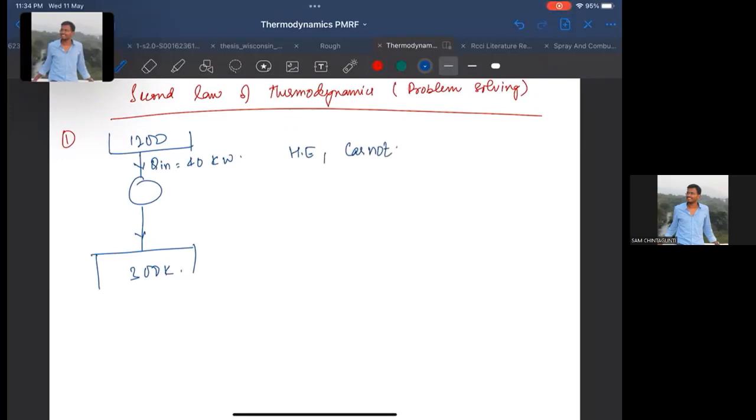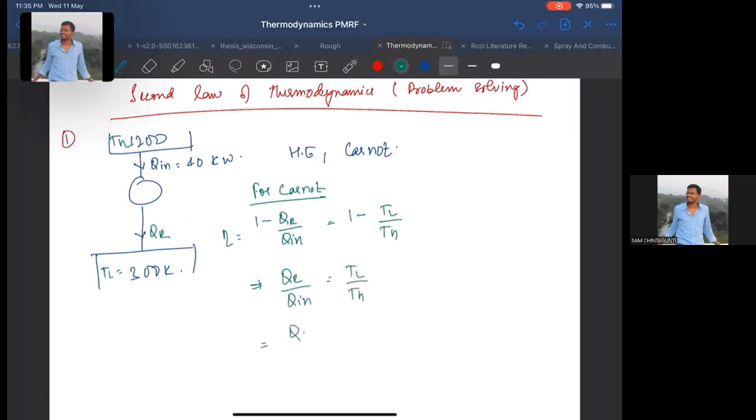So we know that for Carnot, 1 minus efficiency is equal to 1 minus QR by Qin is equal to 1 minus TL by TH. So this implies QR by Qin is equal to TL by TH.